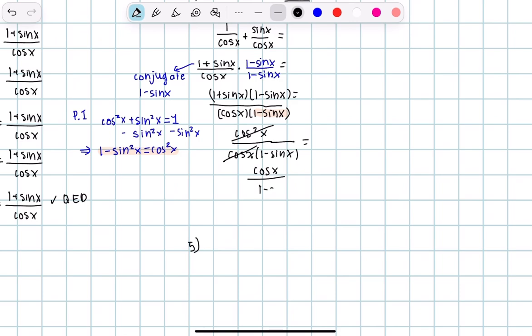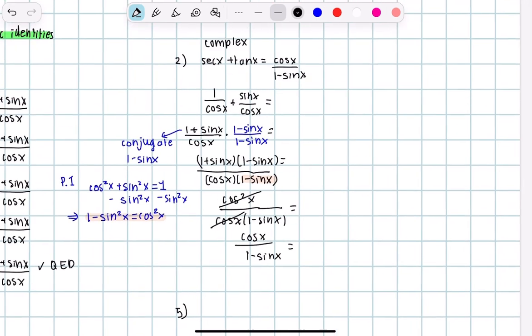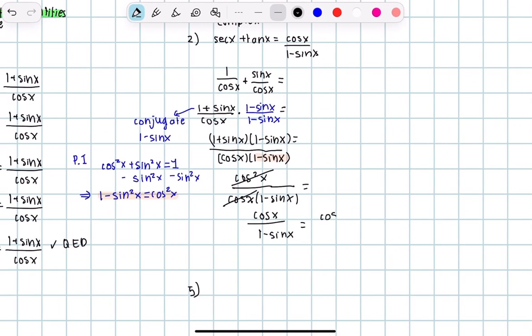And then you just have 1 minus sine x in the bottom. And that is equal to what we had up there. So we write QED.